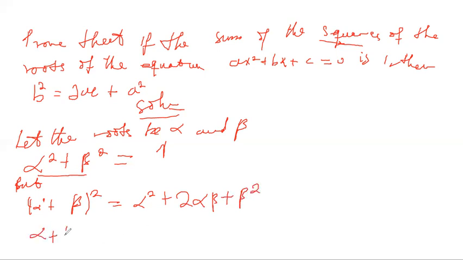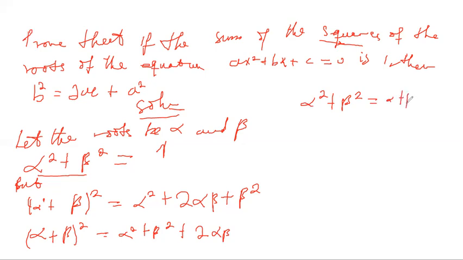So alpha plus beta squared is equal to, we bring these closer to each other, then 2 alpha beta. So from there we can say alpha squared plus beta squared is equal to alpha plus beta squared minus 2 alpha beta. Are we there?